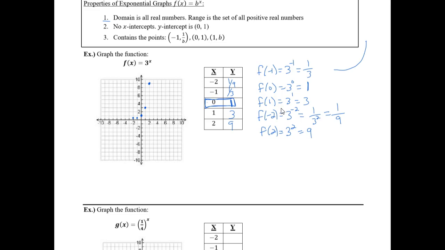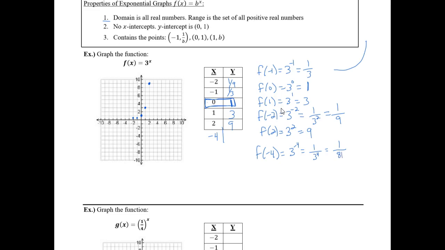And again, if I plugged in more and more negative numbers, so if I plugged in, let's just say, negative 4 for x, the negative is just going to keep taking the reciprocal. So the reciprocal would be 1 over 3, now to the positive 4. And 3 to the 4th power is 81.